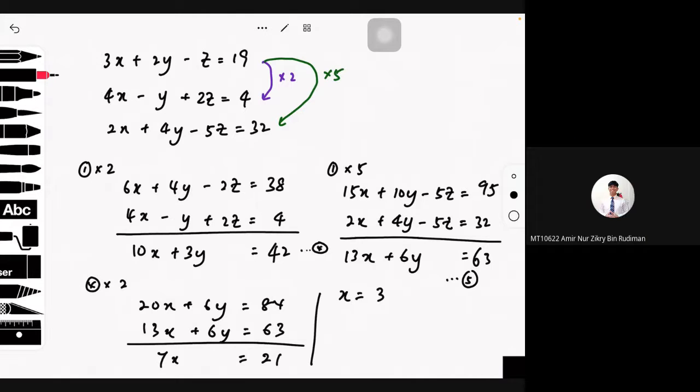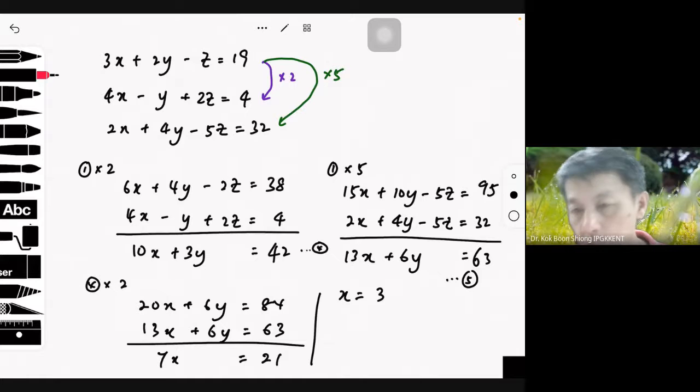After you have x equals 3, you substitute into either the fourth or fifth equation.